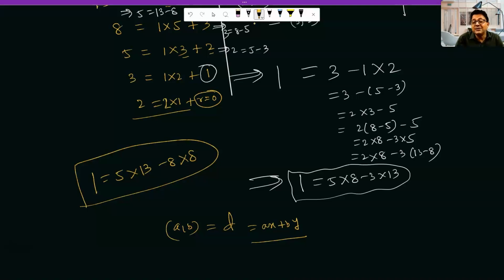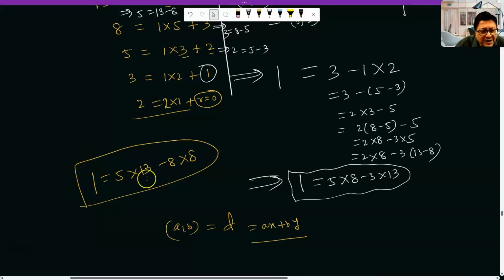Two solutions I have got. So two things are established with this example: the GCD really can be expressed as a linear combination of the given numbers, and the representation may not be unique. I have just shown you how to express it in two ways.